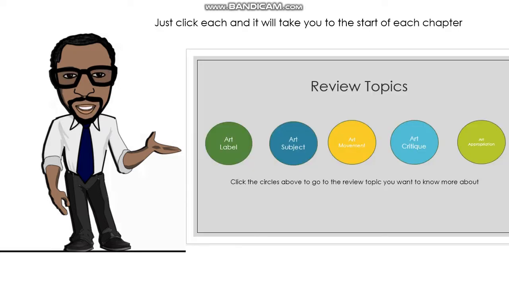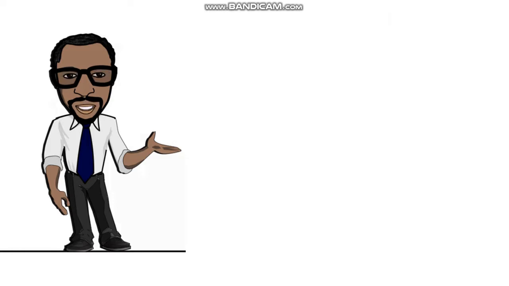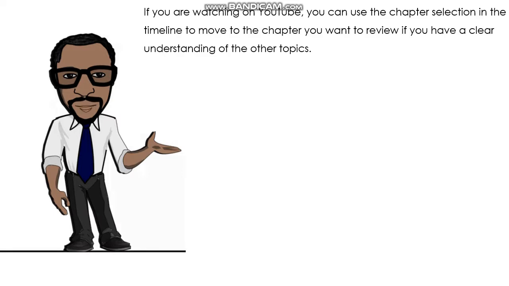Just click each and it will take you to the start of each chapter. If you are watching on YouTube, you can use the chapter selection in the timeline to move to the chapter you want to view if you have a clear understanding of the other topics.